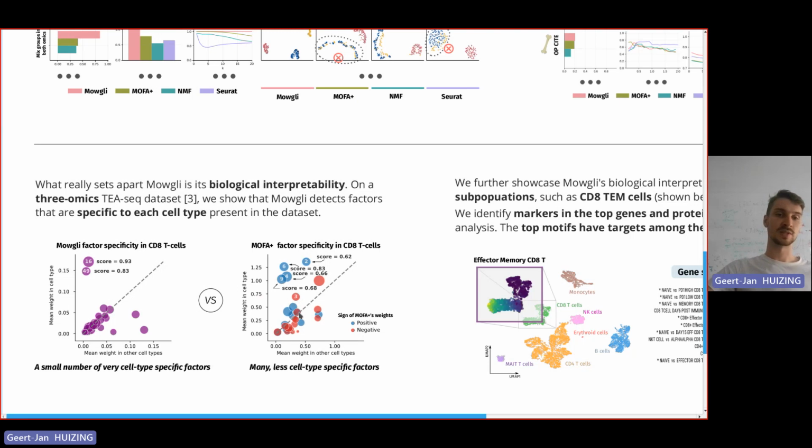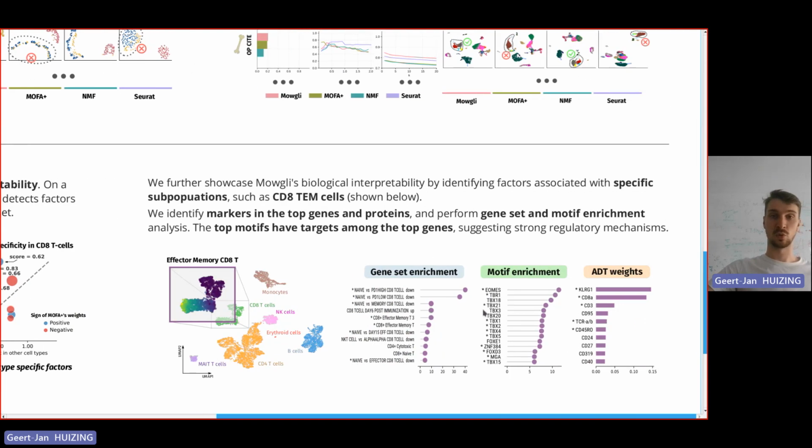And you would think that maybe this is only restricted to broad cell types, like CD8 or CD4 T cells. But we showcase that Mowgli's biological interpretability also applies to more specific subpopulations, such as CD8's effector memory T cells, as shown below. For this, we identify markers among the top genes and proteins.